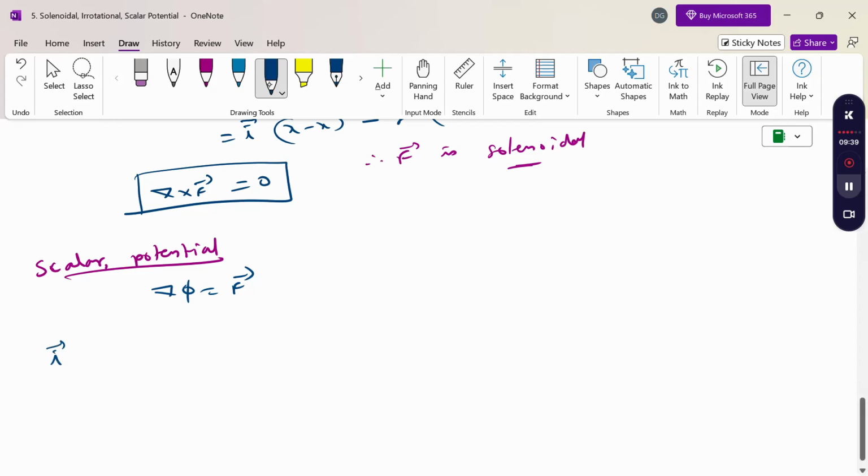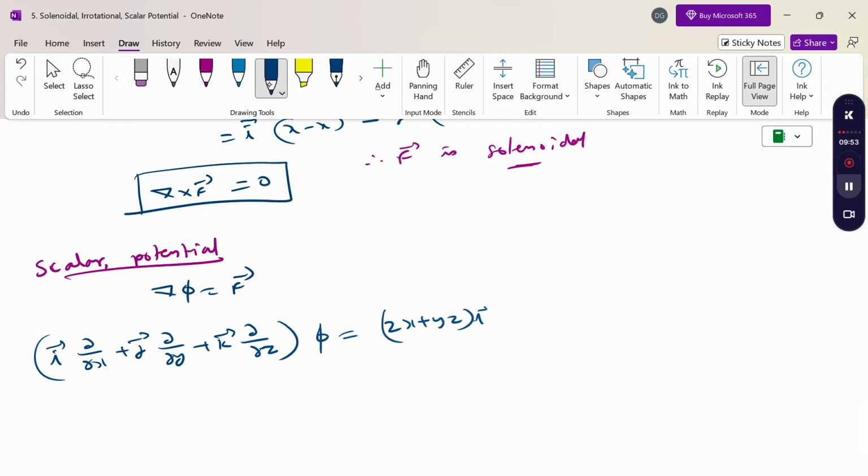Del is i into dou by dou x, j into dou by dou y, k into dou by dou z, into phi, equal to f vector: (2x plus yz) i vector plus (4y plus zx) j vector minus (6z minus xy) into k vector.